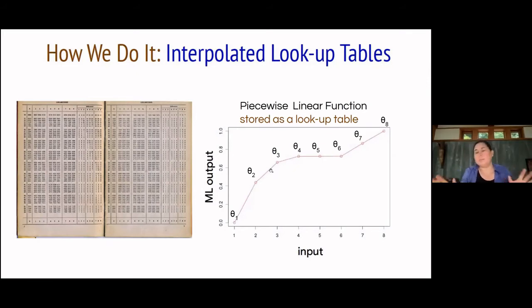So learning a piecewise linear function, super easy. If you care about squared error, you can do it with the pool adjacent violators algorithm. But the really nice thing about this kind of setup and these interpolated lookup tables is that in order to constrain them to be monotonic, we just need to make sure that the parameter values are increasing as we go in the direction that we want to be monotonic. And so that means we just need a nice little linear inequality constraint.